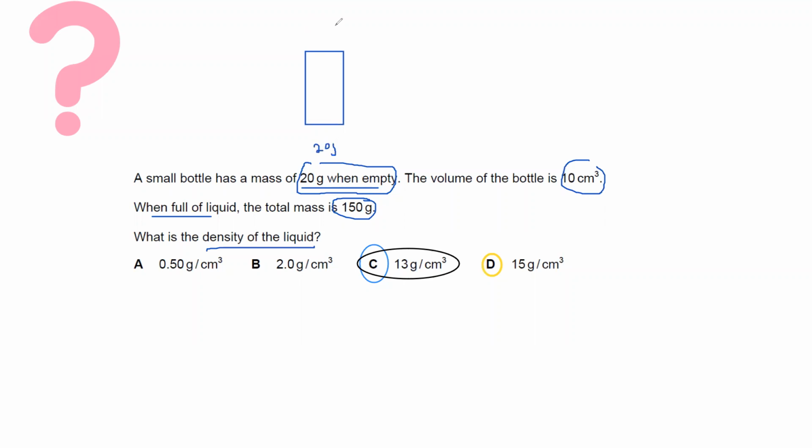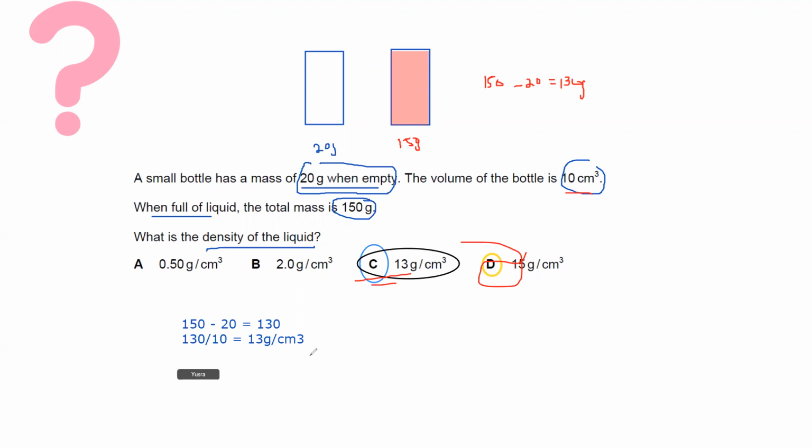And when it is completely filled with a liquid, the mass of the filled one is 150. So when you want to find the mass of the liquid, you subtract them. It will be 150 minus 20, that's equal to 130. So mass is 130 and the volume is 10. So 130 divided by 10, 13 gram per centimeter cube. So C will be the right answer.